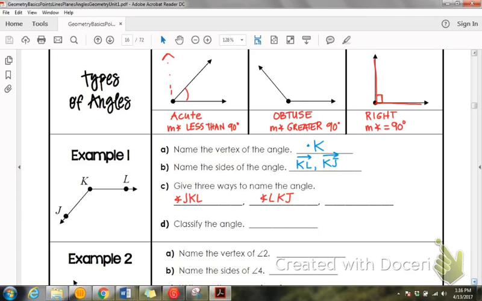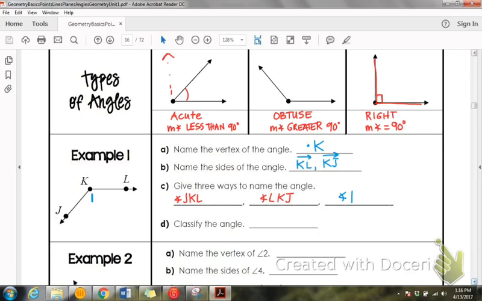So you are allowed to just write number 1 in the middle of the angle. And then you are now allowed to call this angle 1. But if you tell me that it's angle 1 and you don't have a 1 anywhere in your diagram, it's wrong. So if you're going to call it angle 1, you need to write 1 in the angle that you're talking about. Okay?